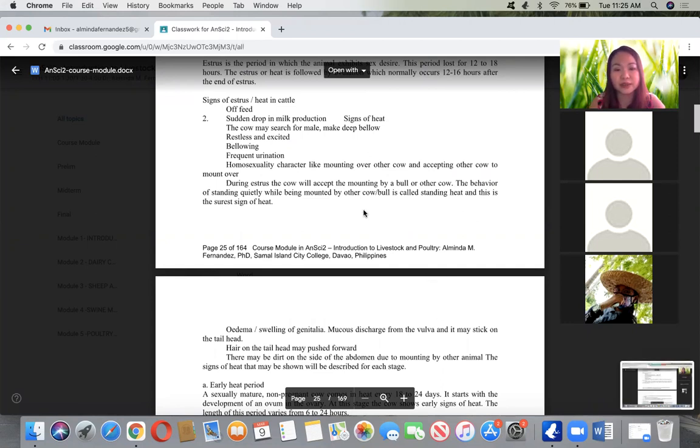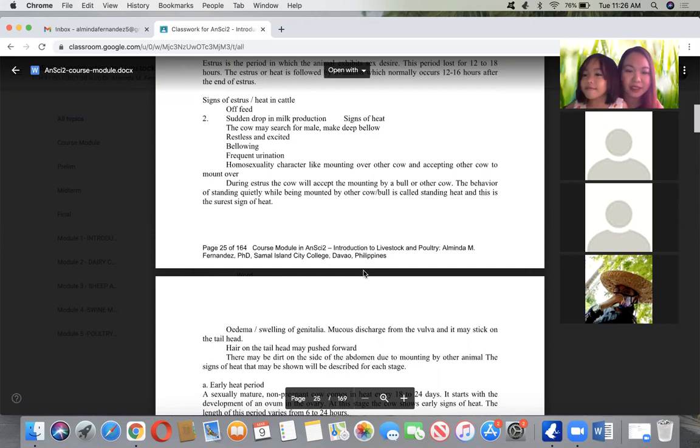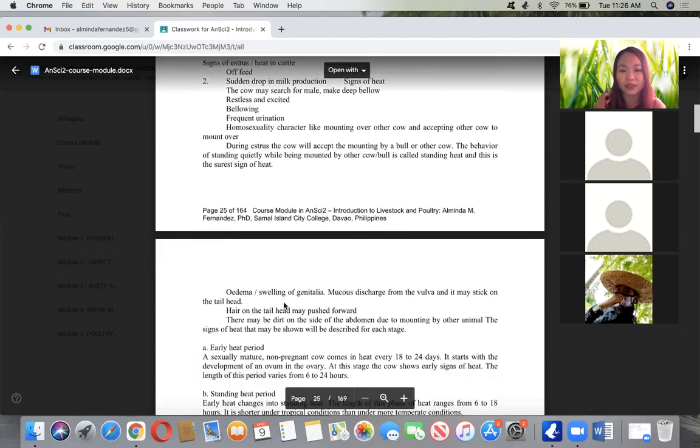During estrus, the cow will also accept mounting. Another sign is edema or swelling of the genitalia, and mucus discharge from the vulva, which may stick on the tail head.